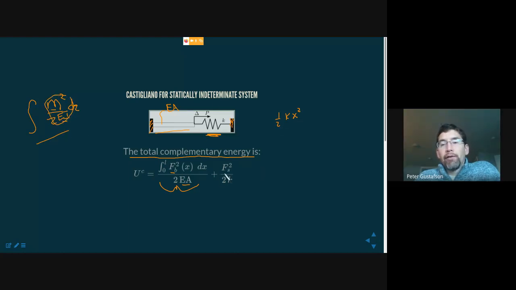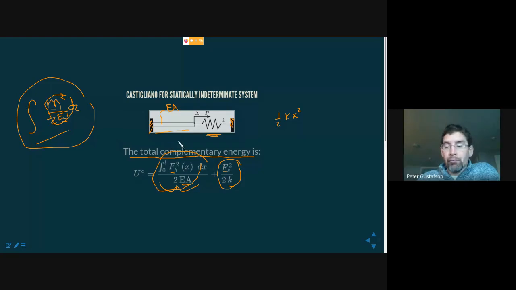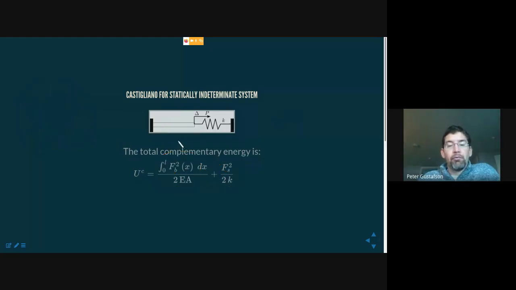So it's a generalized force over a generalized stiffness. So force through the spring squared over 2K. There's no integral here because it's a discrete spring, but we have the spring stiffness in the bottom. We have the force in the top. So you should sort of memorize these forms, the spring form, the axial extension form, and the bending form. Anyway, so this is the total complementary energy in the system.